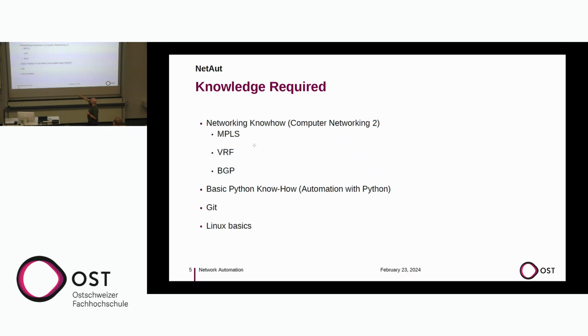I assume everyone here has passed or attended the automation with Python module in the first semester, so you have basic Python knowledge. Git, hopefully you have used in other modules as well. And Linux basics, since we run our scripts normally on Linux or in Docker containers, so it helps if you have basic Linux know-how.